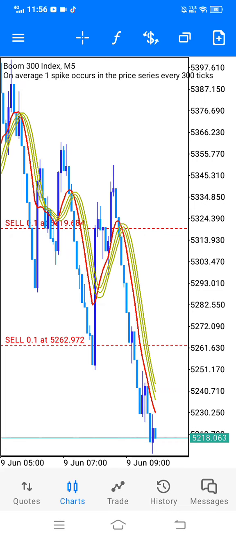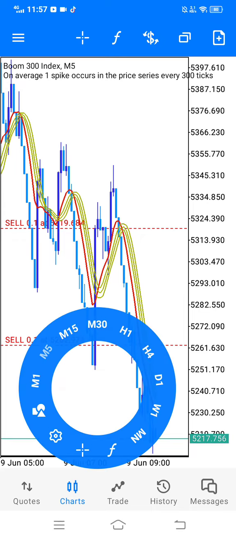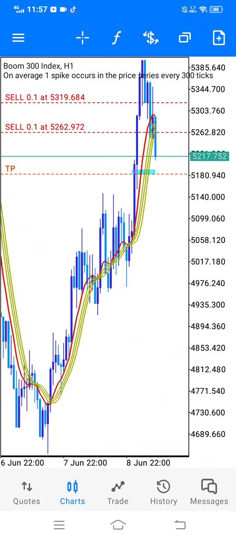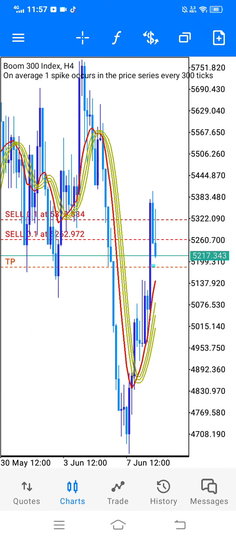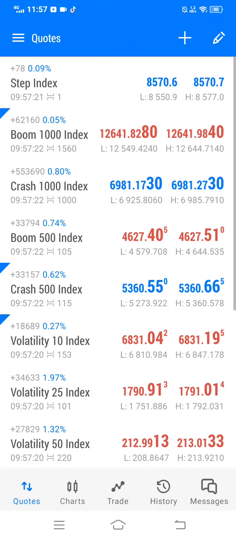So we will be using the 5 minute time frame in order for us to scalp the market, but we need to check our higher time frames to see the direction of the market. And it's good to check it on higher time frames such as your 1 hour and your 4 hour time frame. This will give you a clear indication if the market is in an uptrend or if the market is in a downtrend. So let's have a look.